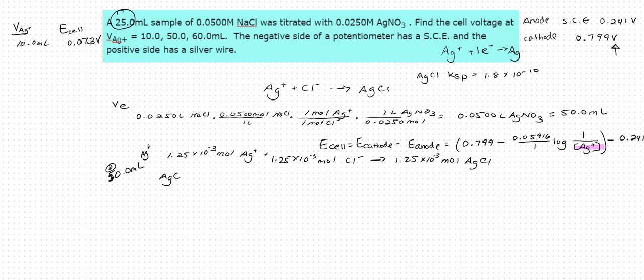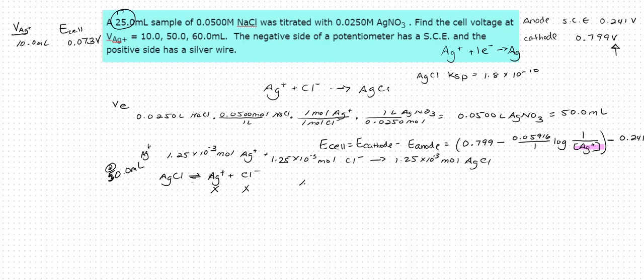So the concentration of our silver ion is going to be dependent on the equilibrium formed by the silver chloride dissociating into its ions. So remember, the solid has an activity of 1. We don't keep it in our Q value, but the concentration of our silver in our silver chloride is going to be equal to our molar solubility.